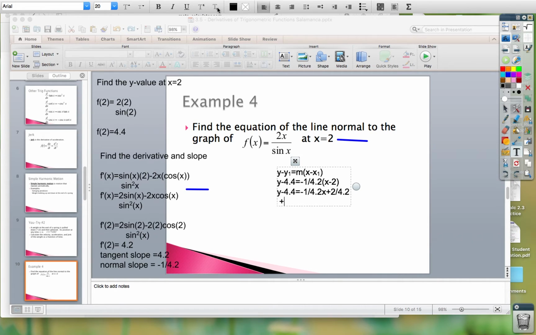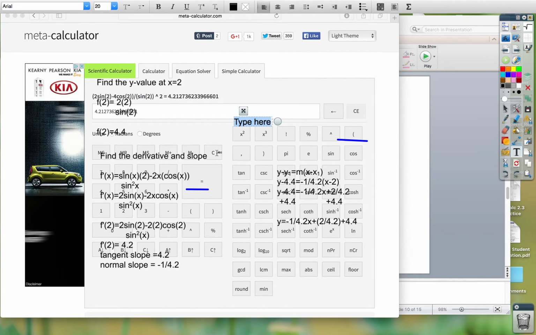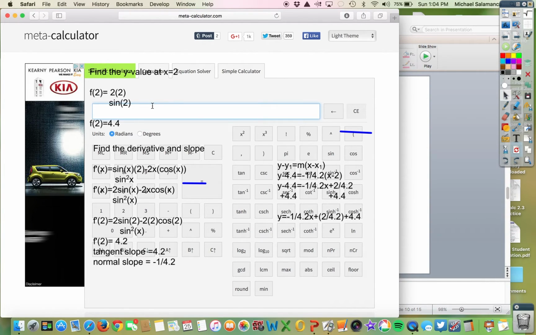We're going to add 4.4 to both sides. We get y equals negative 1 divided by 4.2 x plus 2 divided by 4.2 plus 4.4. So if we punch that into our calculator really quick, we will get 4.876.